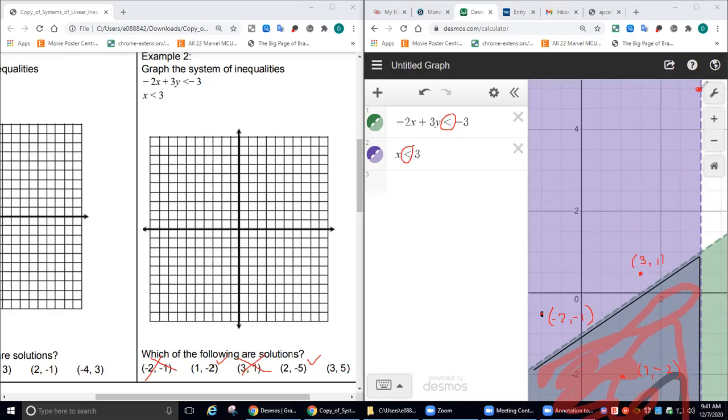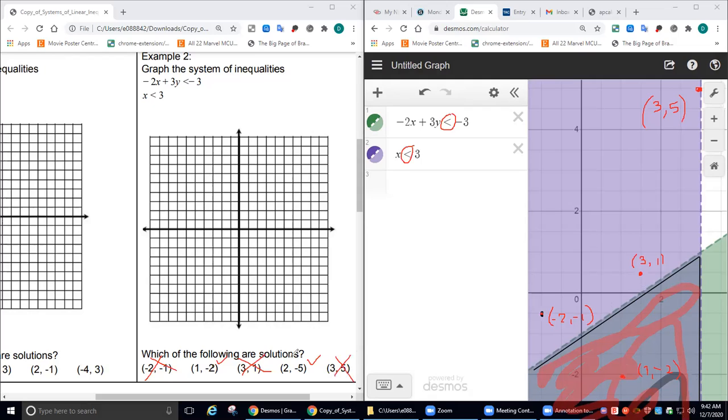Here it is, right on the dashed line. And also, it's out of the region. So 2 no's. Obviously, on the dashed line, automatically not a solution. And then second, it's outside of the shaded region, so not a solution.